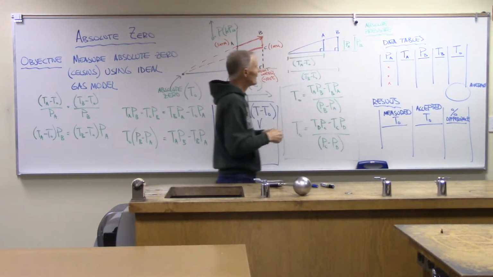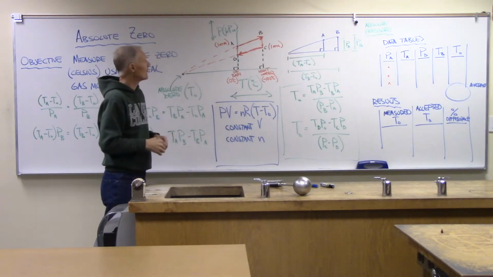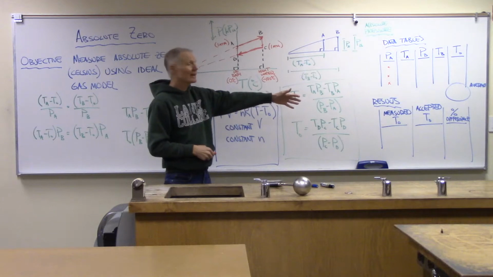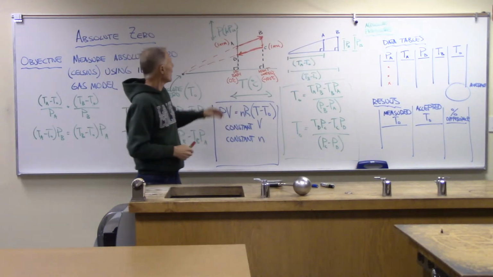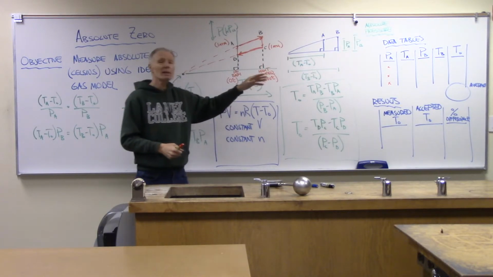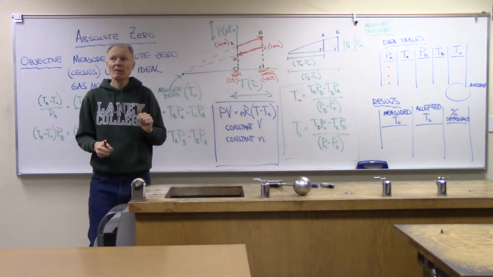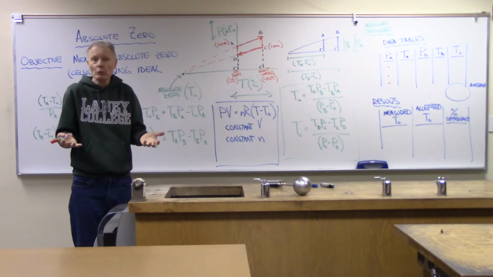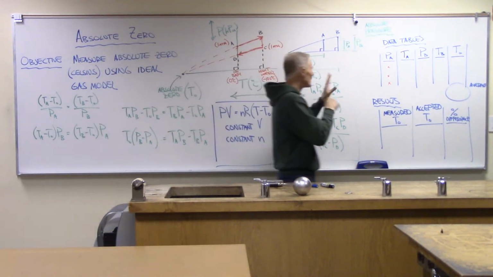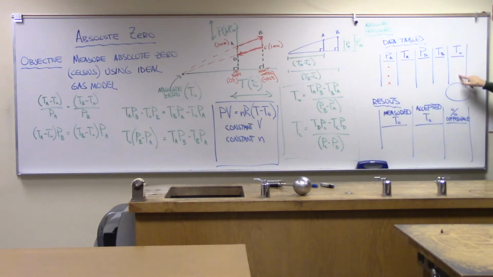So I'm going to put in 3 as the number of trials, and then we'll fill in that table. Similarly, we're going to go from C to D 3 times. So 3 times from A to B, 3 times from C to D. That should give us 6 values of absolute 0. And once we get all those absolute 0 values figured out, we can average them.